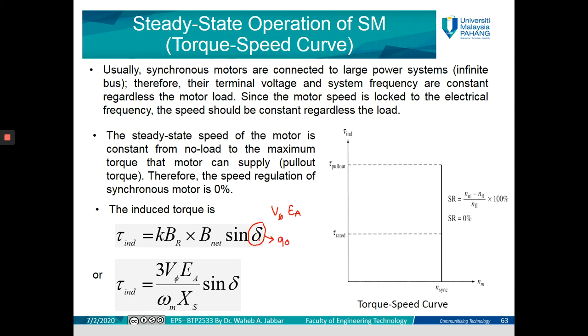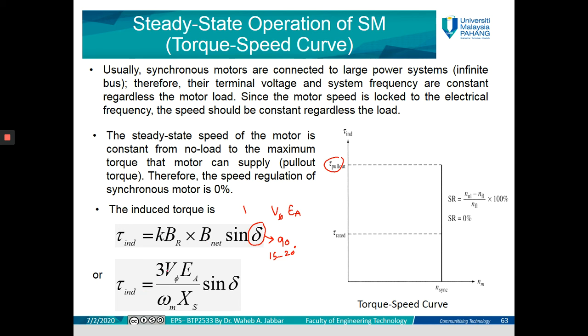But usually this angle is only from 15 to 20 degrees. This value will give you the maximum torque, or the pull out torque. If delta equals 90, then sine delta will equal 1. Since it is equal to 1, the total induced torque will be k B_R times B net.